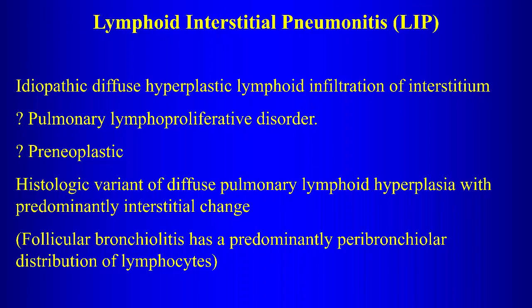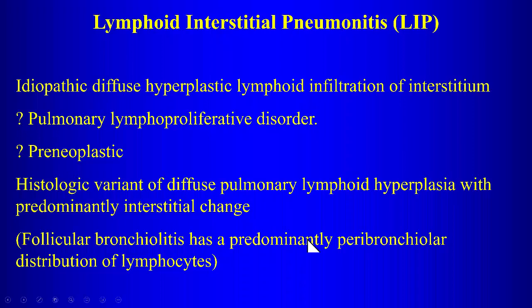What is the typical underlying disease? Not so much scleroderma, but Sjogren's, right? It can be associated with other underlying autoimmune diseases.